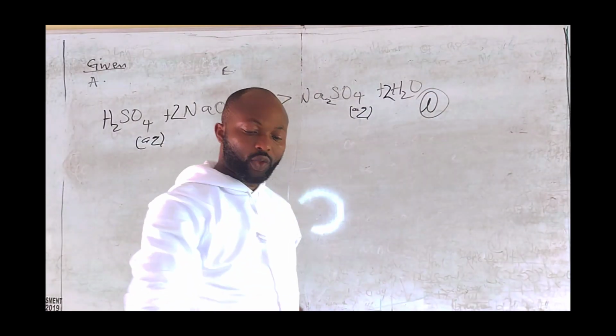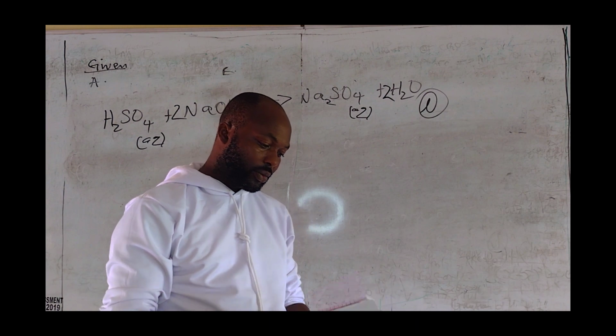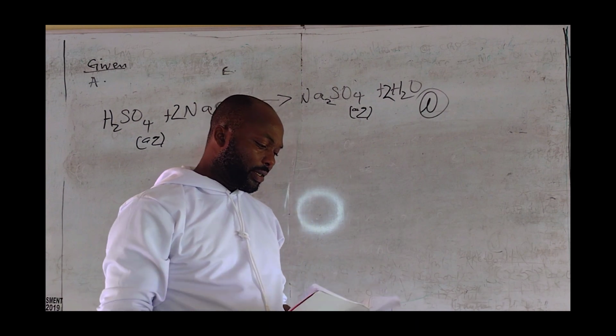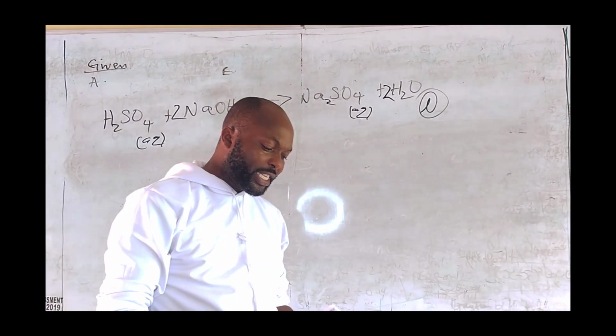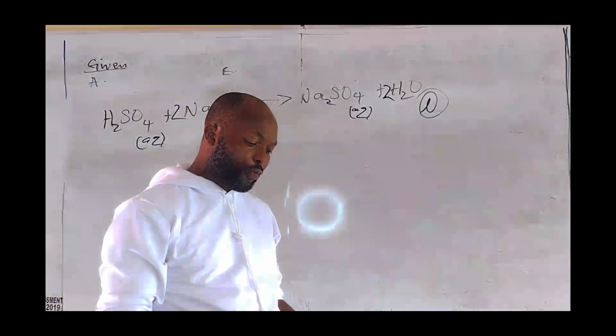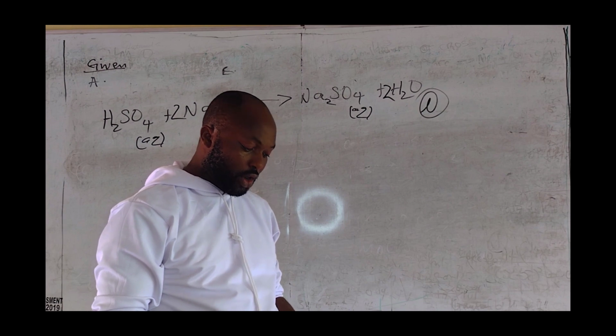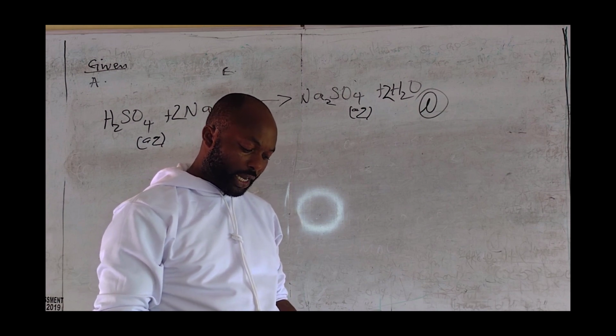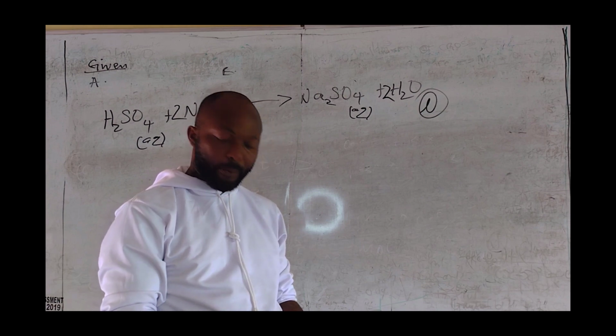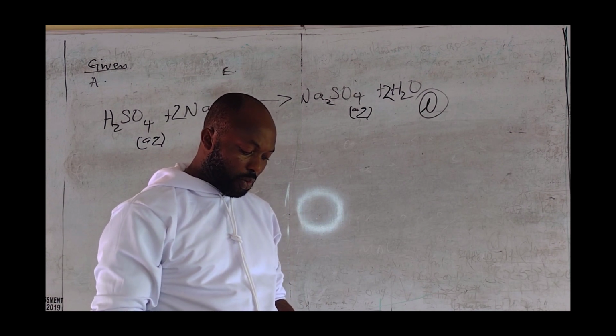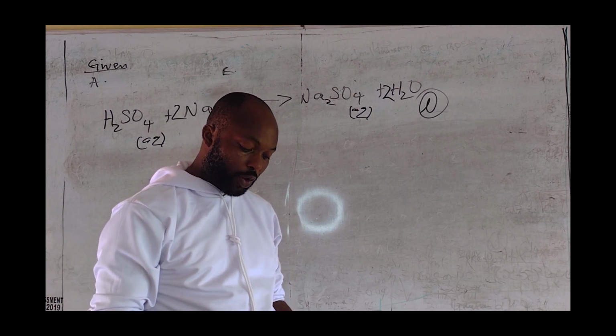We're done with that. Let's look at the B section. It says that if 20 cm cube of 0.125 mole per dm cube of tetraoxosulfate(VI) acid solution reacted with a solution of sodium hydroxide, calculate the amount in moles of sodium hydroxide required for a complete reaction.